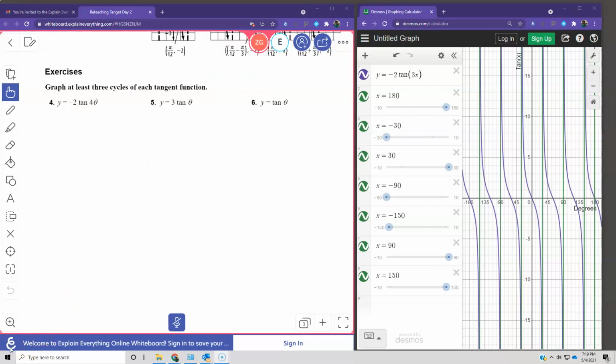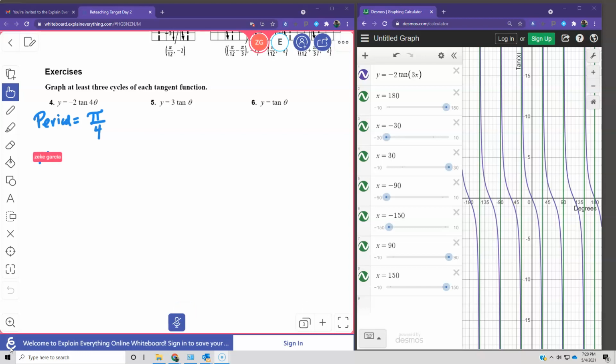So for number 4, we do have a period, which is pi over 4. That's the period, pi over 4.